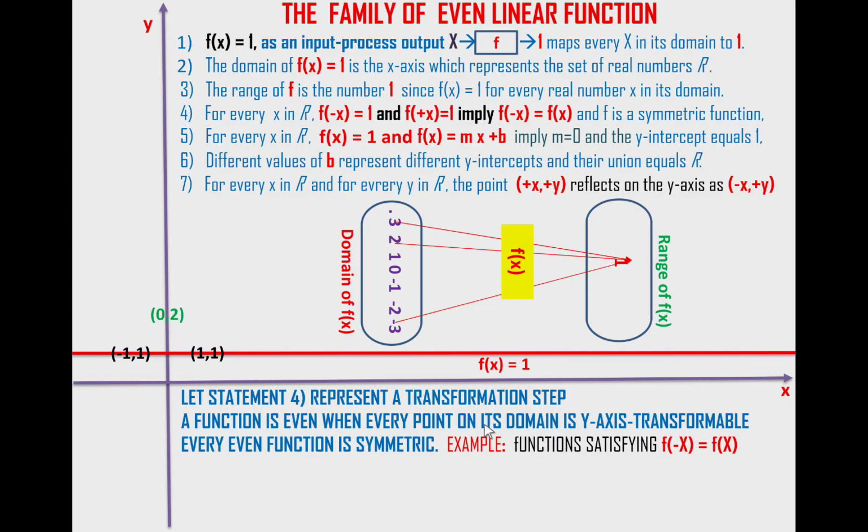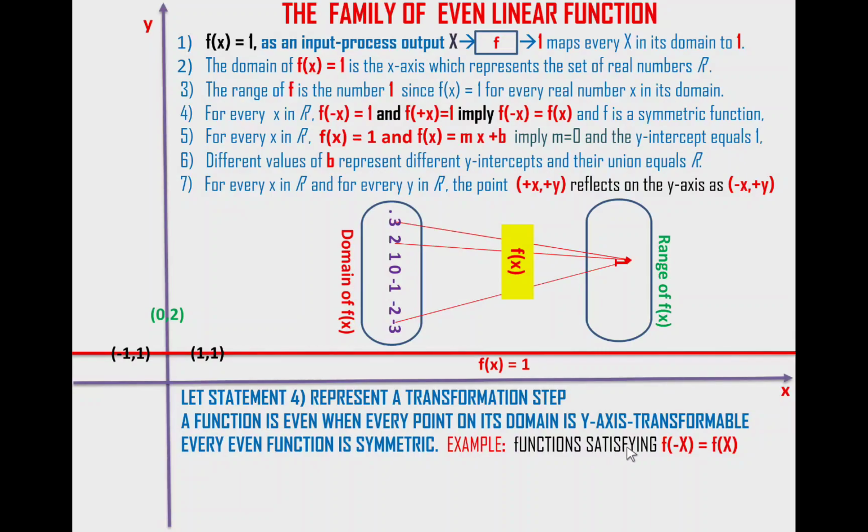That means every point on its domain is symmetric around the y-axis. A function is even when it is symmetric around the y-axis. Over here also we're saying every even function is symmetric.